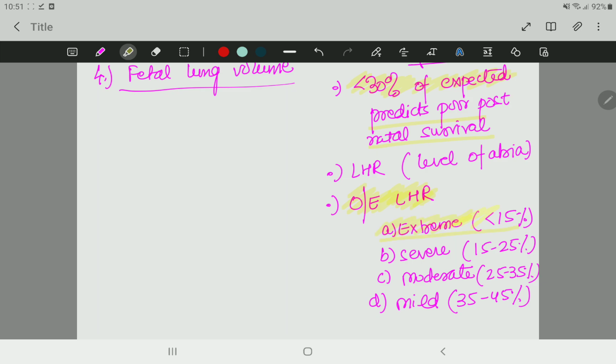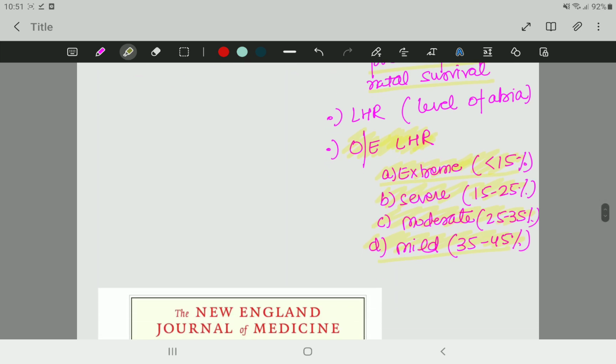If it is 15 to 25%, it is severe. If it is 25 to 35%, it is moderate. And if it is 35 to 45%, it is mild. The higher the value, the better the lung-to-head ratio, which helps us predict that there is a chance of improving survival with increasing observed to expected lung-to-head ratio.